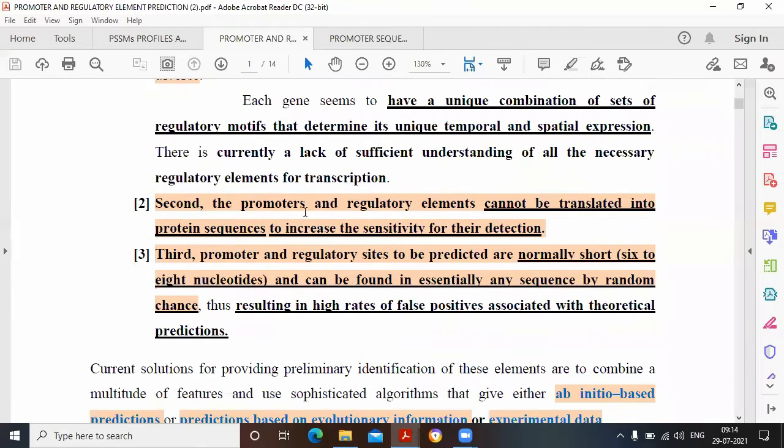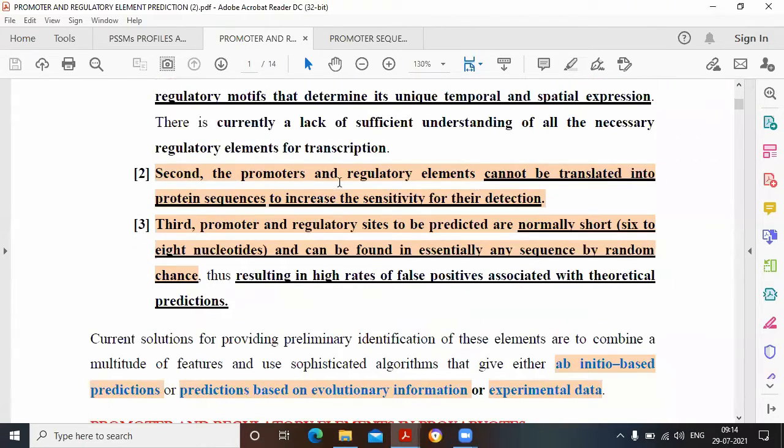And the third important problem we face is that the promoter and regulatory sites to be predicted are normally very short, hardly 6 to 8, or in some cases 10 nucleotides. But this small segment of sequence has a lot of diversity, that means variation, and therefore we were not initially able to apply a single algorithmic approach to identify the promoter as well as the regulatory sequence.